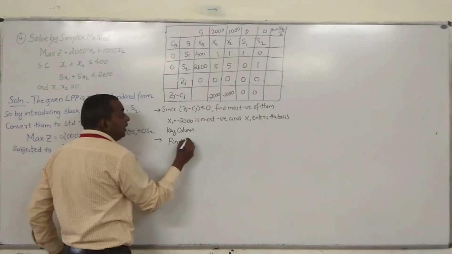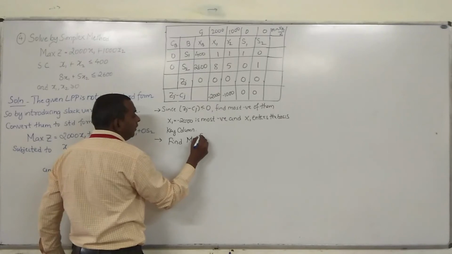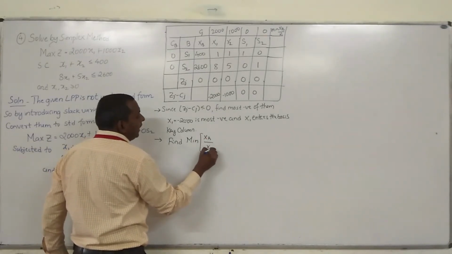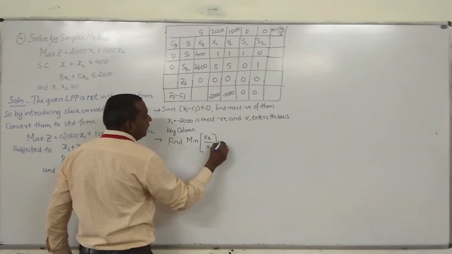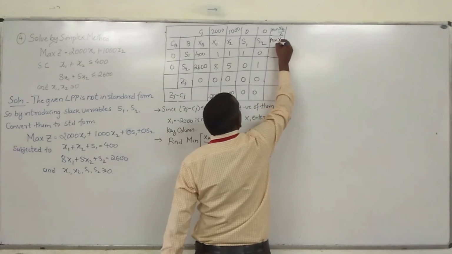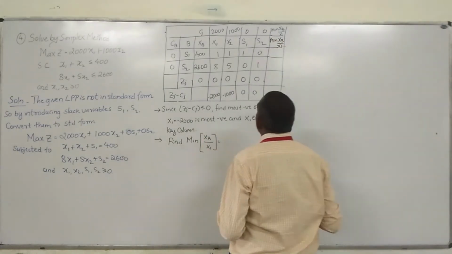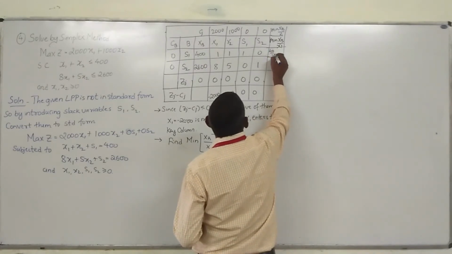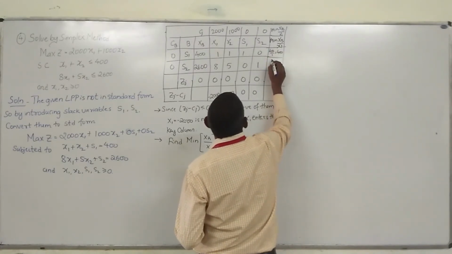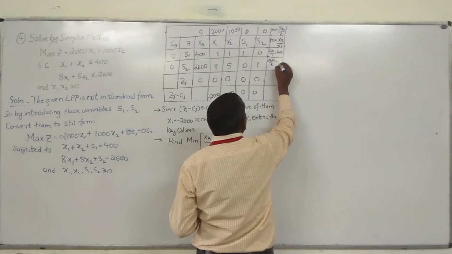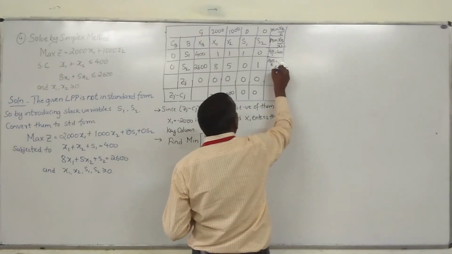Then followed by, find the minimum of XB upon x1. So it is what? 400 divided by 1, the answer is 400. Then 2600 divided by 8, the answer is how much? That is 325. This is the minimum.